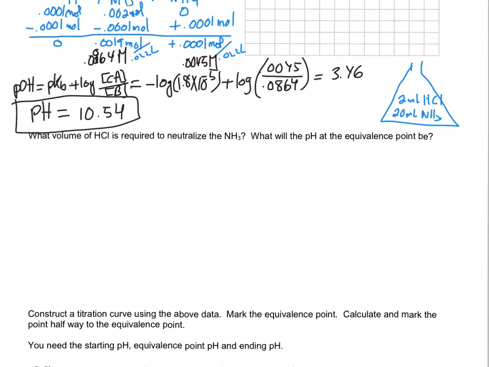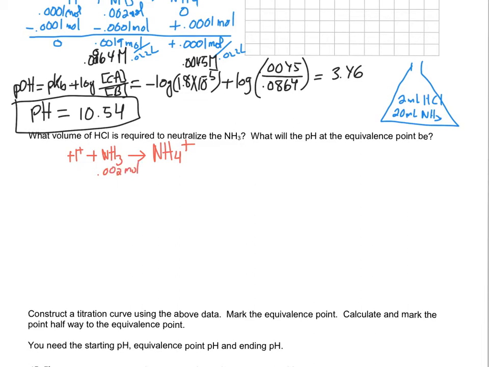My reaction is still between my HCl and the NH3, so let me write that down first. So I have my H+, which is my acid, or HCl, plus my NH3, that yields NH4+. Now, the one thing that I know for sure is how much NH3 I have, because that never changes since it's in my flask. And we said that I have 0.002 moles.